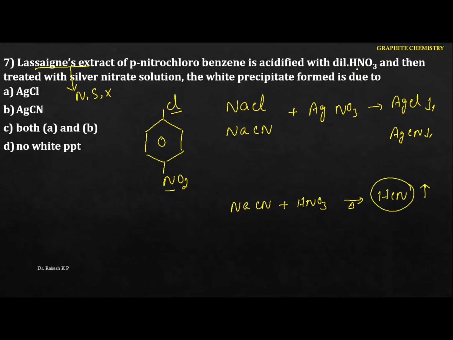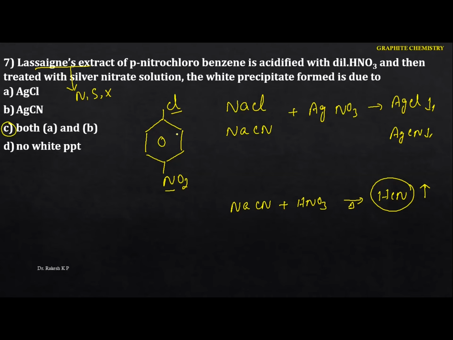But here we are not boiling with nitric acid, we are only acidifying. Hence we get a precipitate of silver chloride as well as silver cyanide. Suppose it is heated with dilute nitric acid, this will escape. The remaining sodium chloride reacts with silver nitrate to give silver chloride. Hence in this case we can identify both silver chloride as well as silver cyanide.